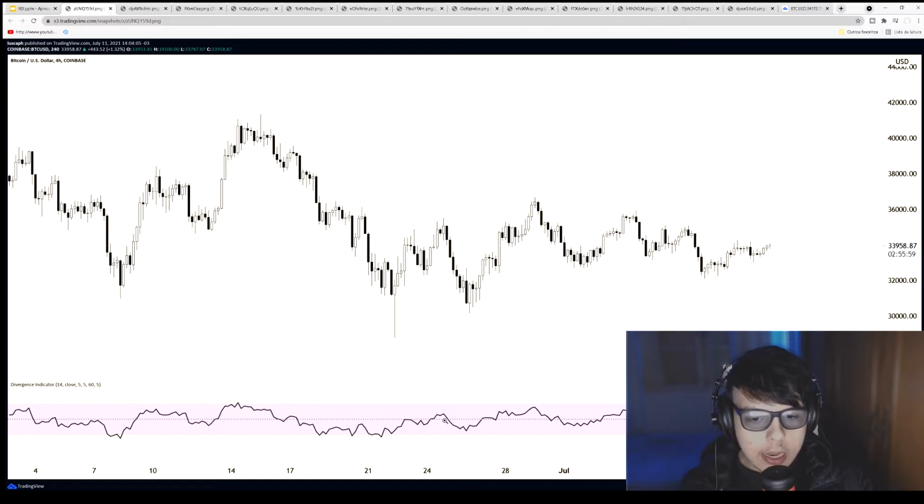Okay. And if you guys take a look at this, usually the RSI follows the price. So if the price is going down, usually the RSI is going down as well. There are some situations where it doesn't happen, but we're going to talk about that a little bit further.